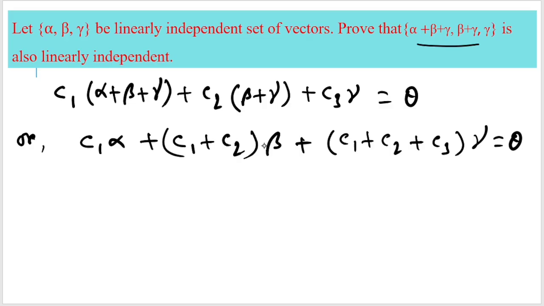Now since alpha, beta and gamma is a linearly independent set of vectors, which is given in the problem, therefore all the coefficients with alpha, beta and gamma have to be equal to 0.